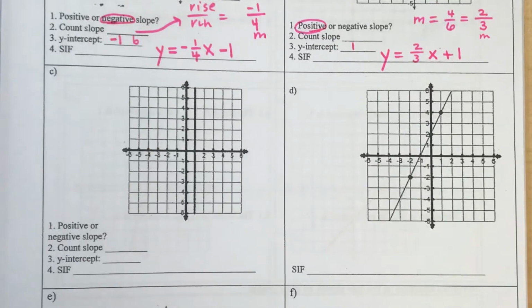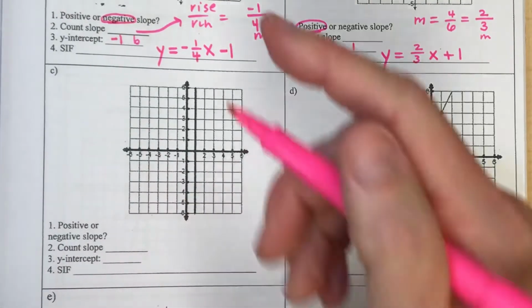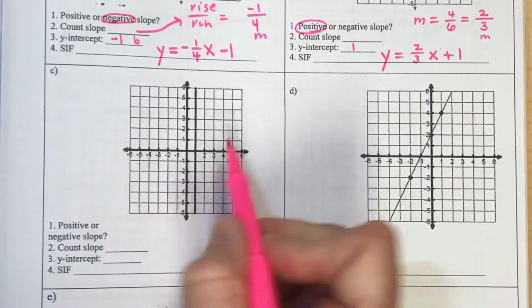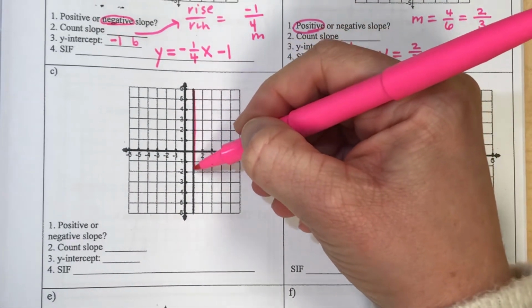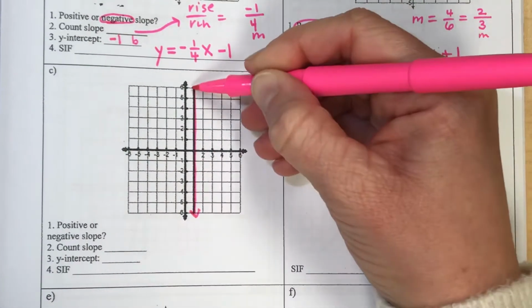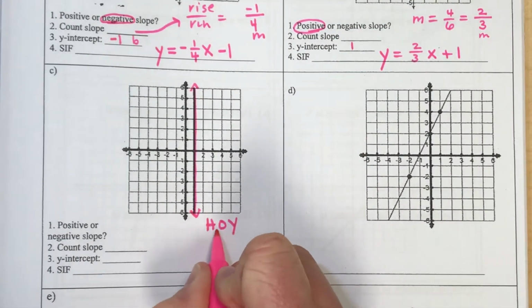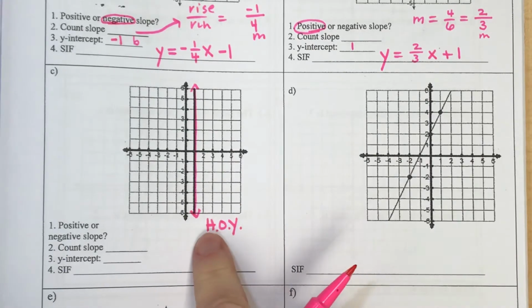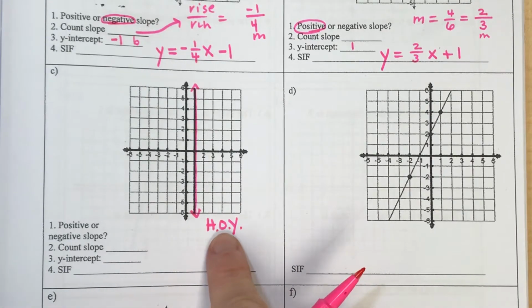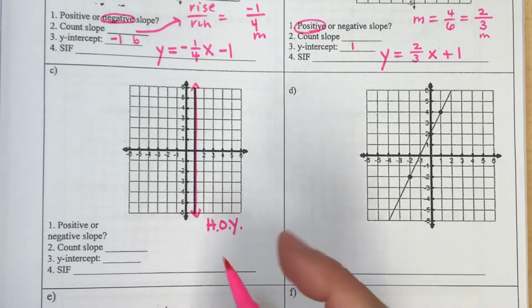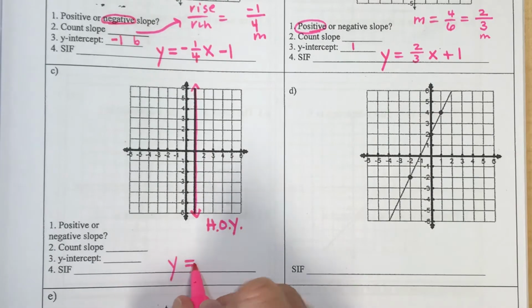Now in the next graph, here's my axis. This is the y-axis and this is my x-axis. Here's the actual line. It might be kind of hard to see if you couldn't picture that right away. I noticed that this is a horizontal line, and I have this phrase, HOY. Horizontal lines is the H. Horizontal lines have zero slope, that's the O in the middle, and Y stands for the equation is going to be y equal to a number.